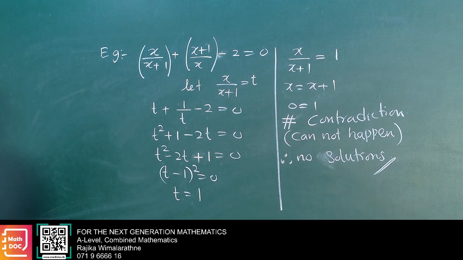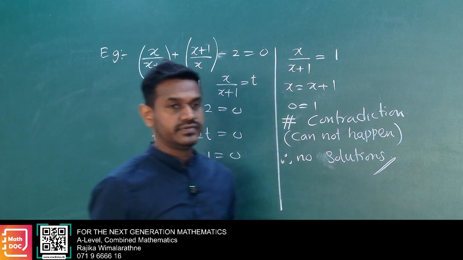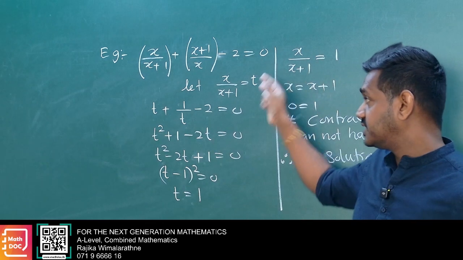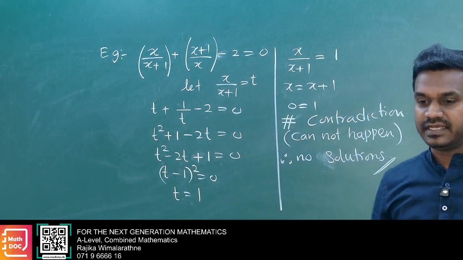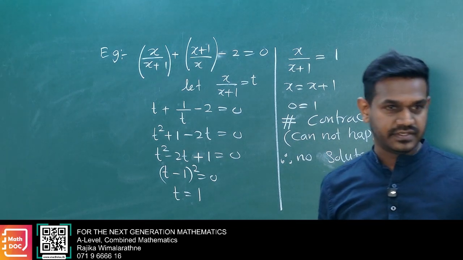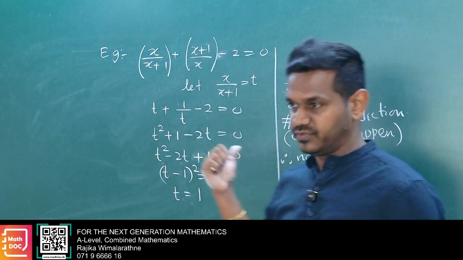That's why I told you, after reducing into a quadratic we will get solutions, but the original equation can contain a different number of solutions. Here, no solutions.